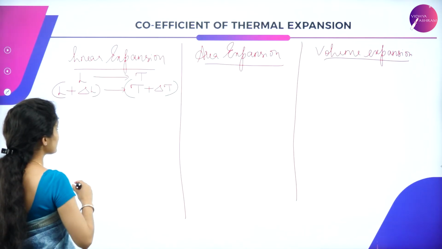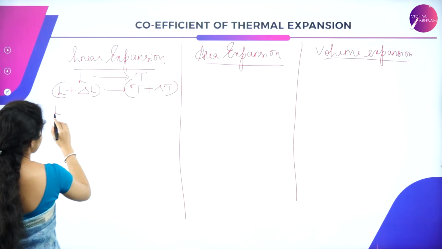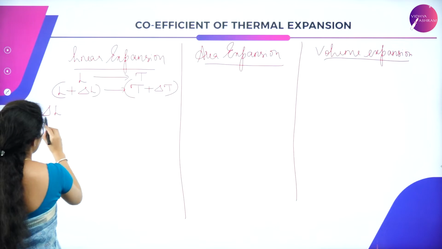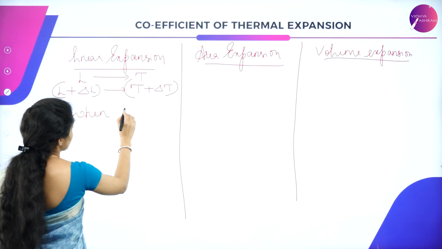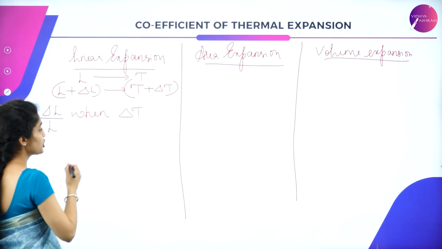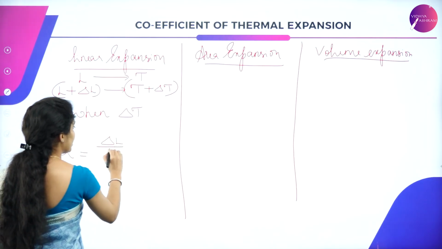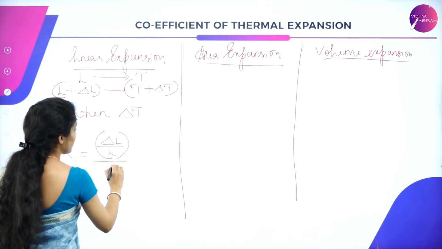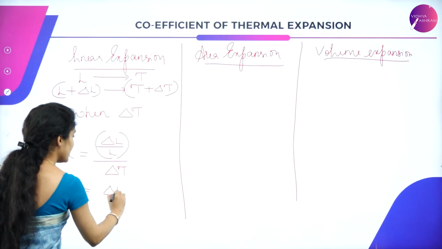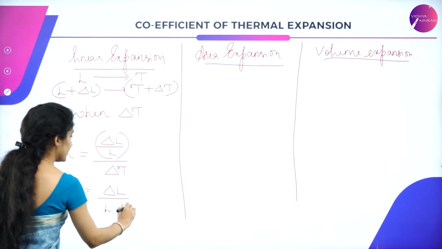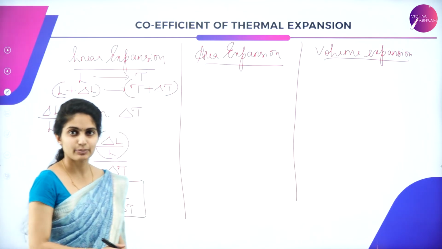So the change in length per unit length when there is a change in temperature gives alpha, for a change in temperature delta T. So alpha becomes delta L divided by L into delta T. This becomes the coefficient of linear expansion.